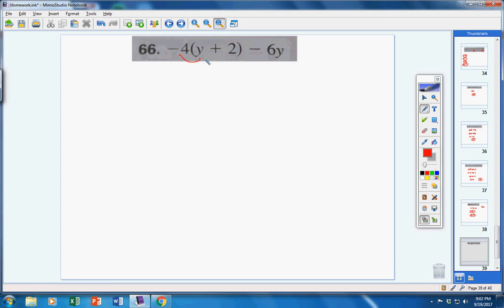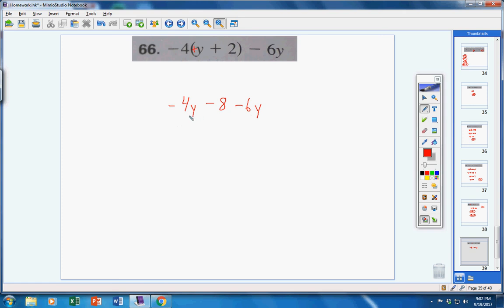Alright, let's take our negative 4 and let's multiply it through. A negative times a positive is negative. 4 times y is 4y. A negative times a positive is negative. 4 times 2 is 8. And then bring down your negative 6y. Now, add up.